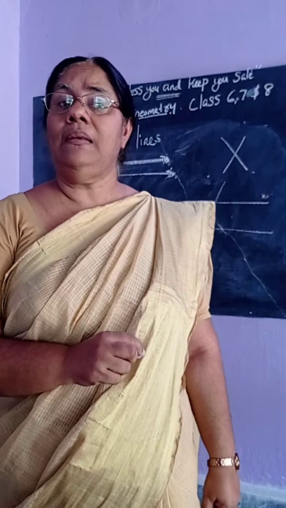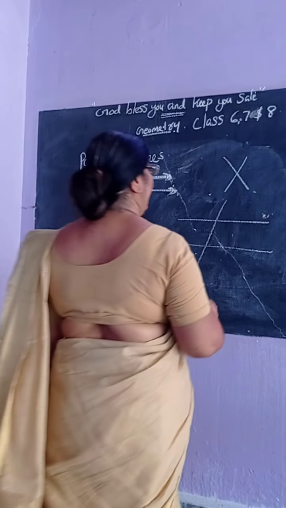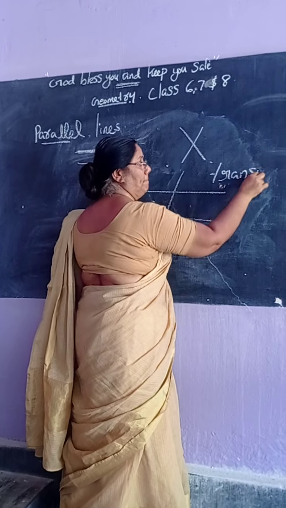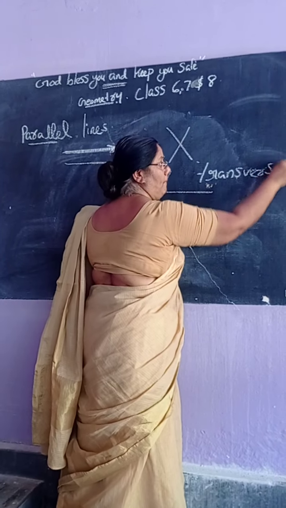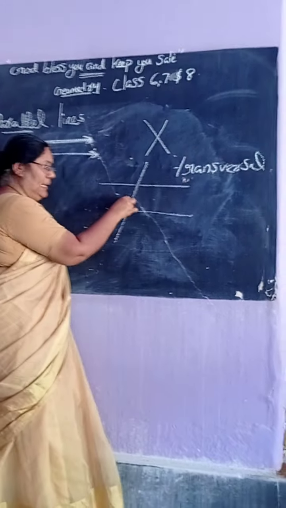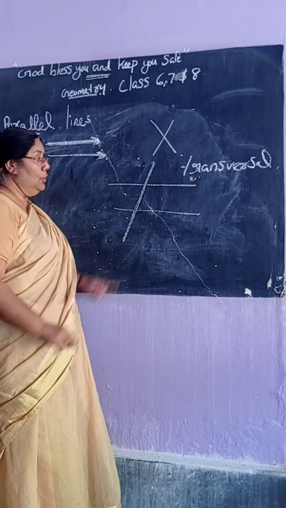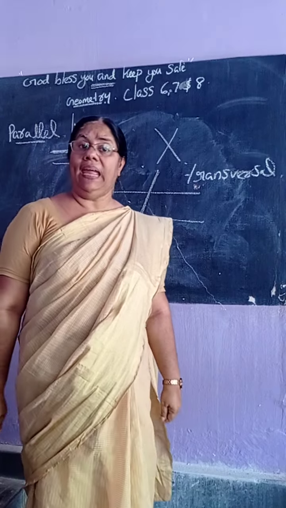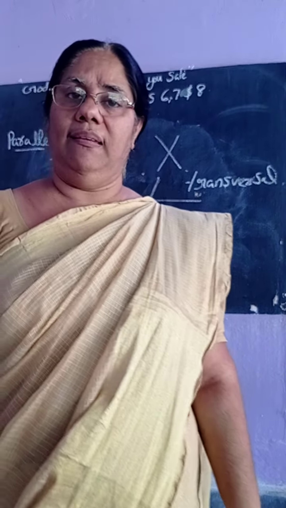A line cut by two or more lines is known as a transversal. A line which cuts two or more straight lines is called a transversal.